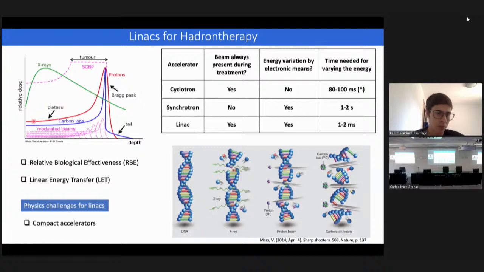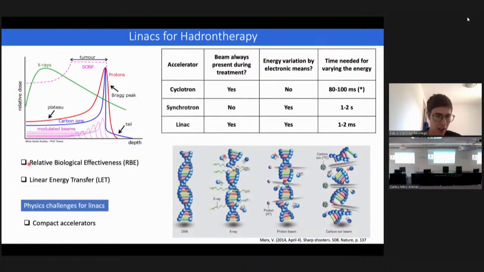On the contrary, heavier particles, such as protons or carbon ions, have a very different deposition curve, as you can see here. They deposit almost all the energy in what is called the Bragg peak, and this makes them a much better candidate for this kind of treatment, because you can make a much more localized treatment in the tumor region in the body.